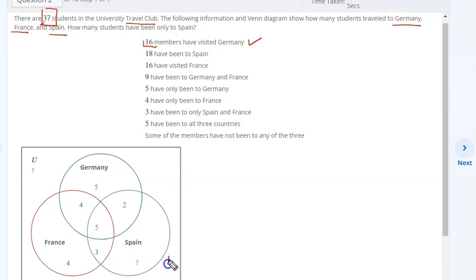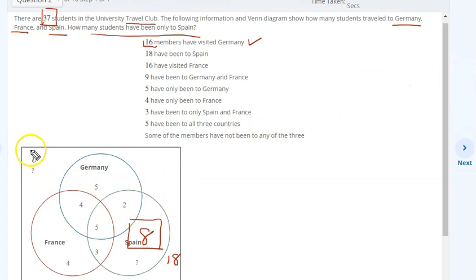Now, Spain is 18. So it looks like this one would just be an 8 after we subtracted the 10. And that's the question they're asking. So we don't need to go any further. Our answer is 8. But again, other questions could have been asked.